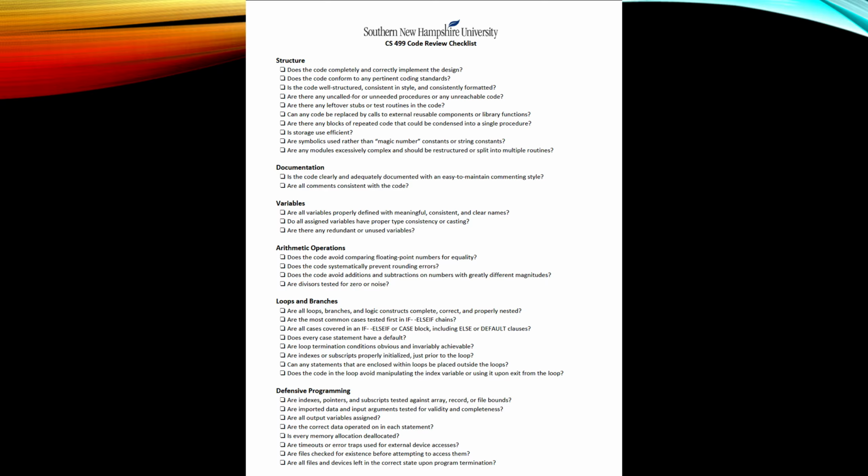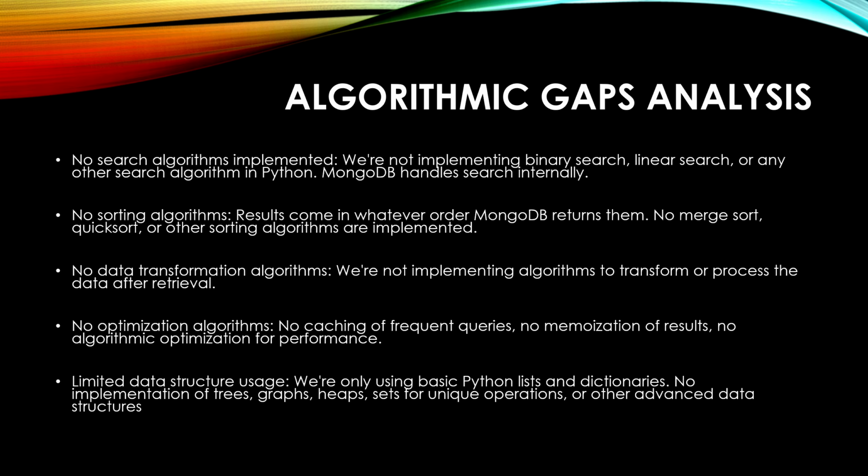No data structure beyond basic lists and dictionaries. No performance optimization like caching. The code doesn't demonstrate algorithmic thinking or understanding of time or space complexity. So here you go.